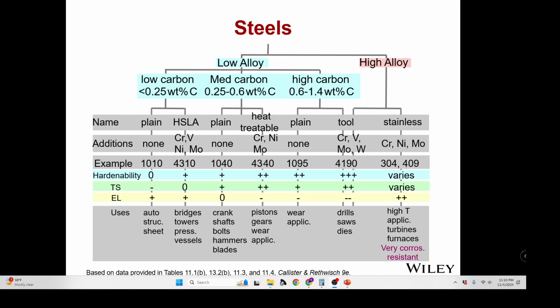Extremely high in hardenability, very high tensile strength, very low ductility, so very brittle typically for these tools, especially cutting tools. But they do their job very well. So drills, saws, dies, things that have to have extremely high wear, but effectively have to do a lot of processing and those sorts of things.